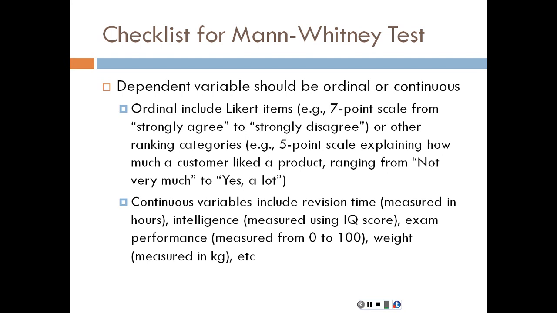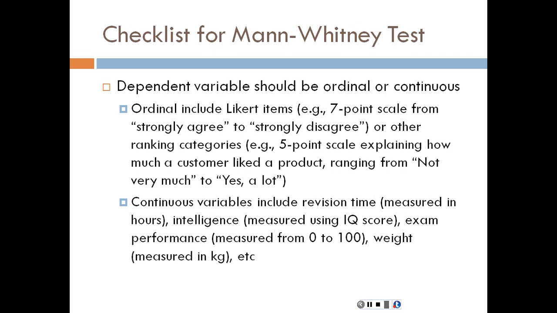Another continuous variable could be intelligence, measured using an IQ score. One person might have an IQ score of 100, the next person 130, the next person 115, so on and so forth. Again, that's that continuous variable. Each person is going to have one number attached to themselves for that particular variable.